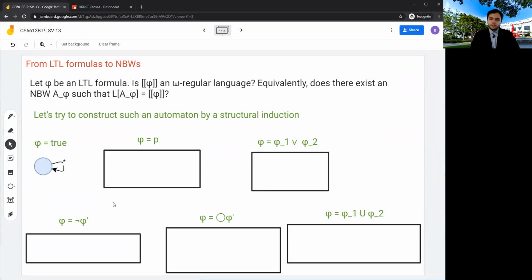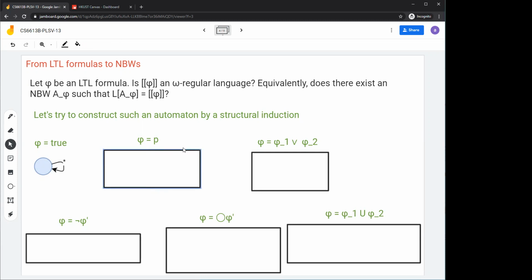Okay, what happens if my formula is just P, like an atomic proposition? So if my formula is an atomic proposition, we said that this means that this atomic proposition should hold at the beginning of the string, so at time 0, right?